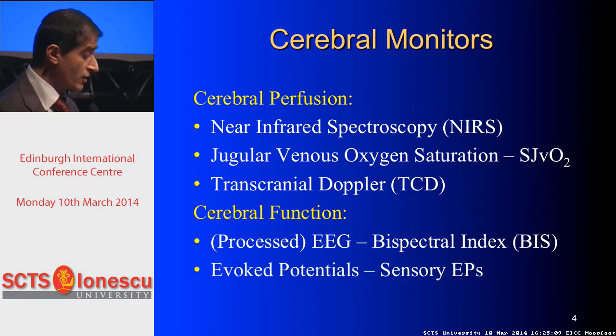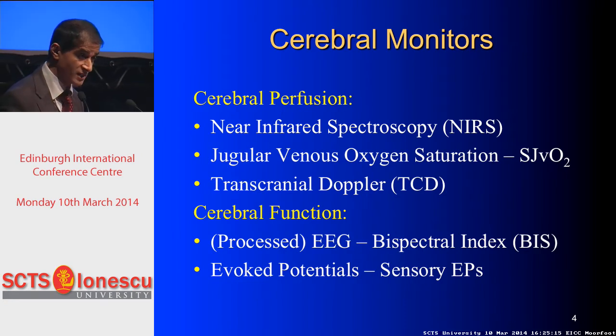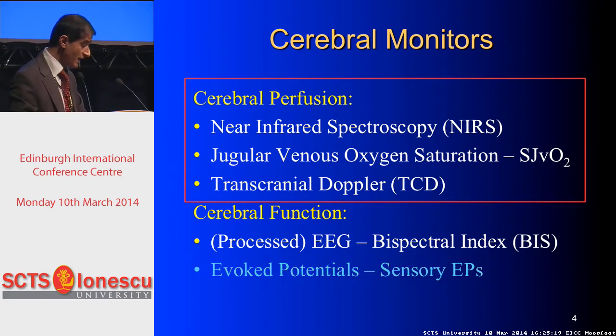And the other one which is around, which we don't use, and I have no personal experience, which is evoked potential monitoring, which is mainly either sensory evoked potentials or auditory evoked potentials. So as I said, I have no experience of that, so I will not discuss the evoked potentials any further. But the main substance of my talk will relate to the cerebral perfusion monitors.